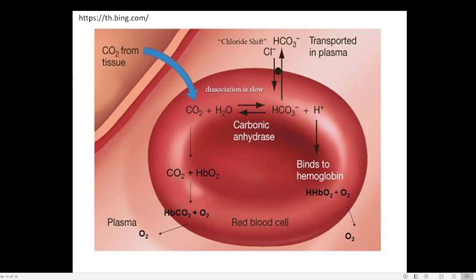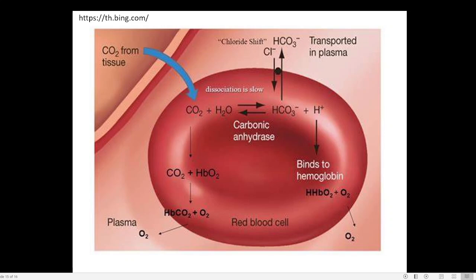That is another problem. Here also you can see the same thing explained in another way. Carbon dioxide with water forms carbonic acid. Carbonic acid splits into hydrogen ions as well as bicarbonate ions. Hydrogen ions will bind with hemoglobin. Bicarbonate ions will move out from the RBC.